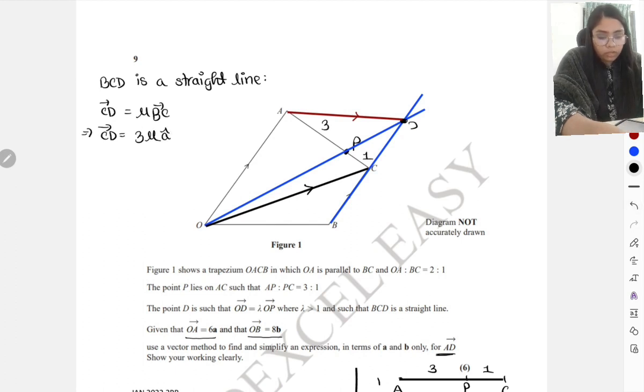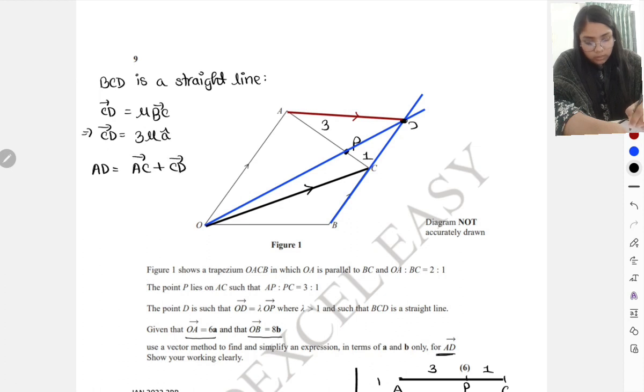Okay, since we have the expressions for AC and CD, we can add these together to find the second expression for AD, which is going to be AD equals AC plus CD.